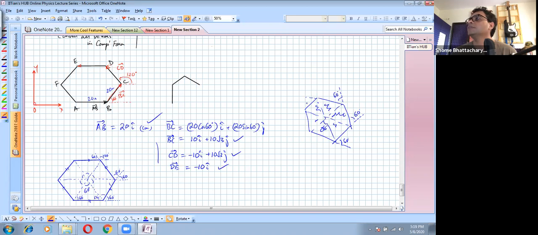So now we are keeping that in mind while we are looking at this hexagon, which is drawn such that its base AB is along my x-axis. So that means the next adjacent side will become at 60 to the x-axis. The next adjacent side will become at 60 plus 60 or 120 to the x-axis. The next one at 180 and like that.